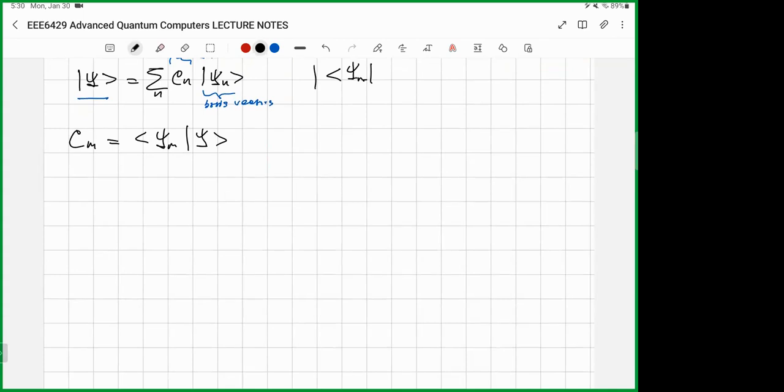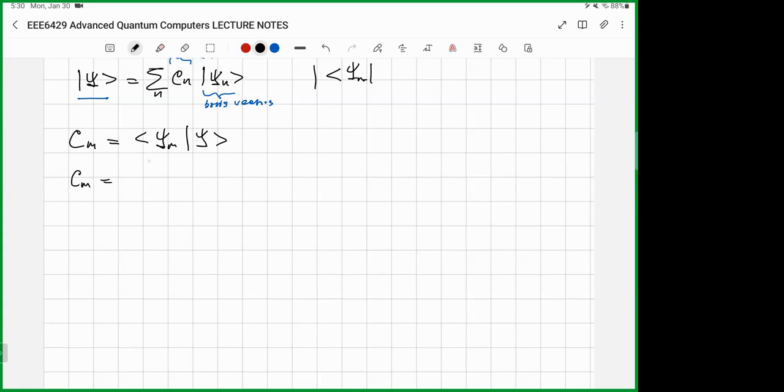Okay, and now we already know that this psi and psi m can actually be vector functions. And if we deal with vector functions, I can write the same. This is the inner product.